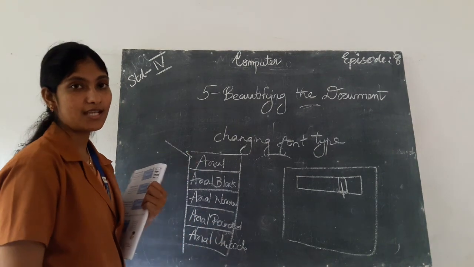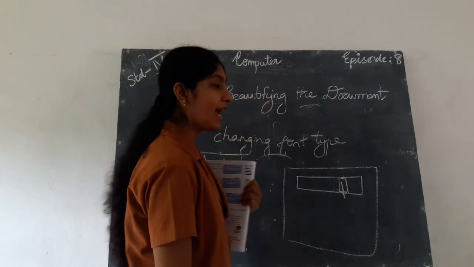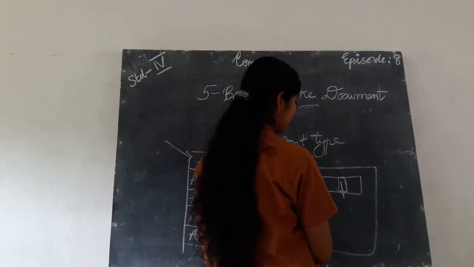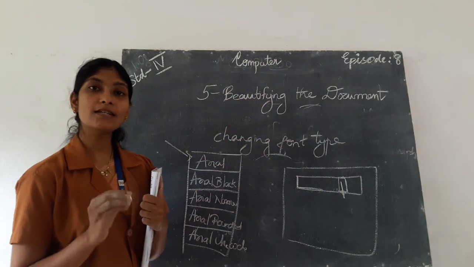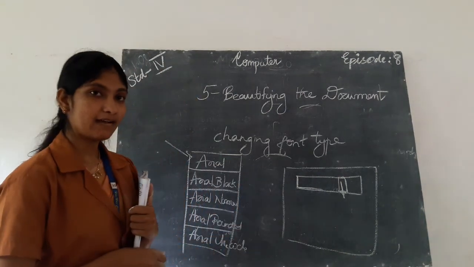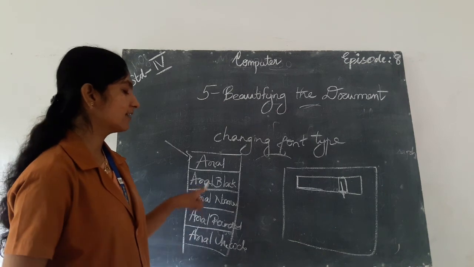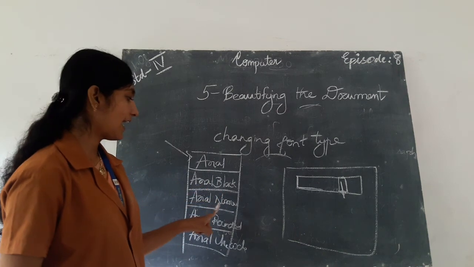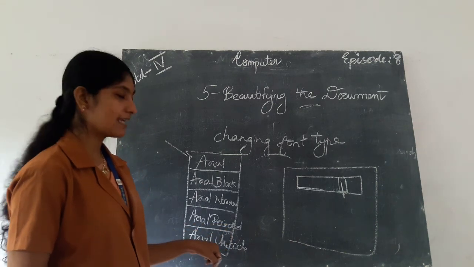So how to change the font type? First, go to the Home tab and there is a field containing different font types. You can select your desired font type from there, for example Arial Black, Arial Narrow, Arial Rounded, Arial Unicode.